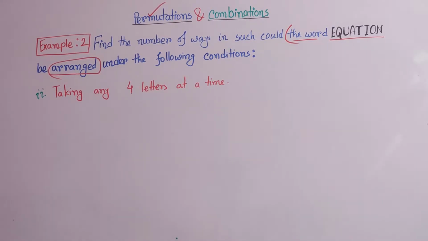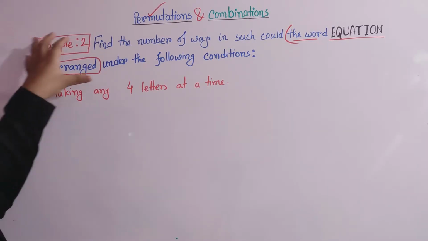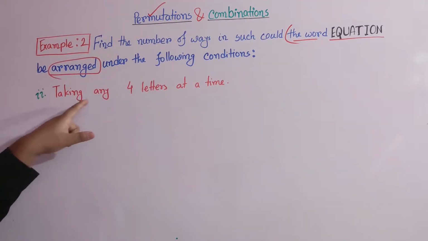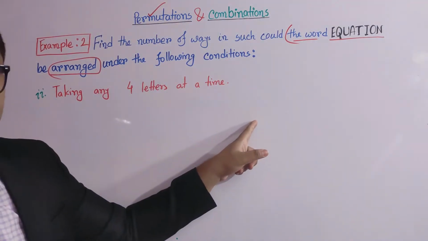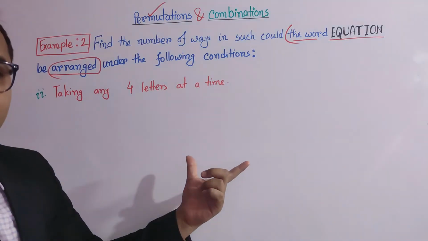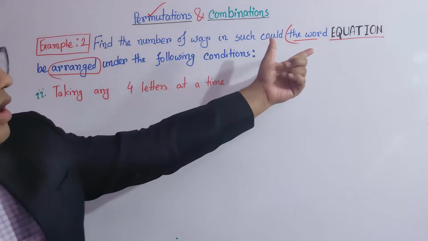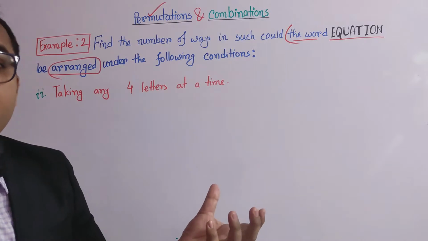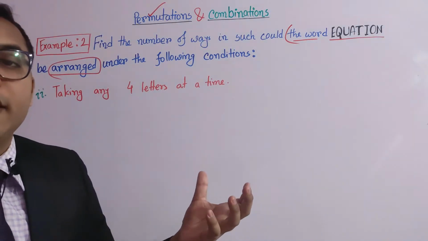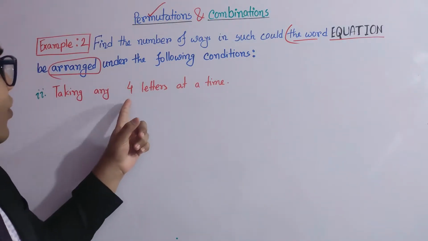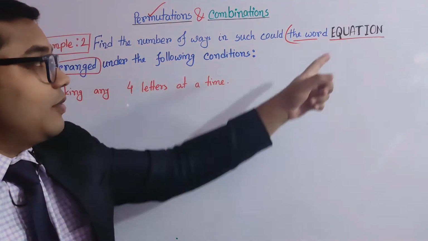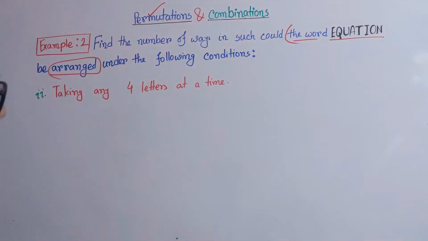Here our second question is with this word, taking any 4 letters at a time. In the previous math we had 8 options and we had to take all 8 letters, but here we have to take 4 letters from those 8 letters. So what we have to write?